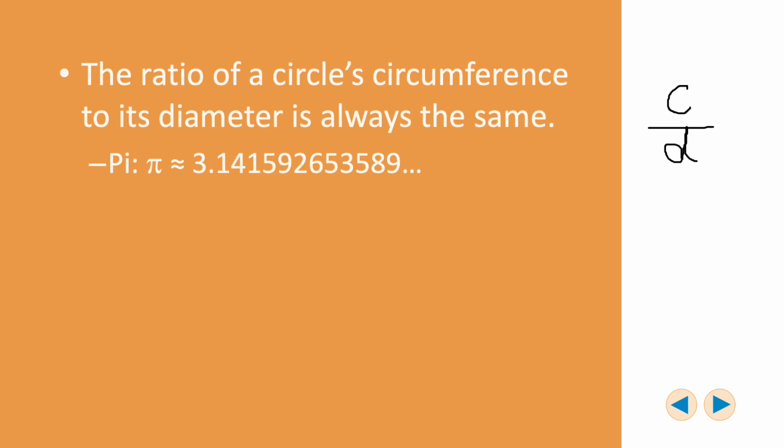So for the most part, we simplify it to 3.14. You can also express it as a reduced fraction of 22 over 7. That part's not used very much, but we usually use the 3.14.